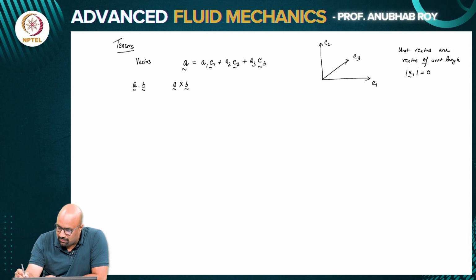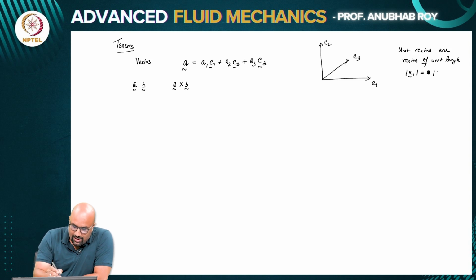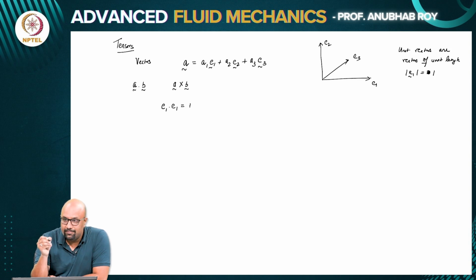So they have unit length, and the direction denotes the direction of the axis. Now if I look at these unit vectors, E1 dot E1, which is what I have already written down, would be unity. That's the dot product of the unit vector along 1 with itself. If I do E2 dot E2, similarly, I will get unity, and E3 dot E3 will also be unity.